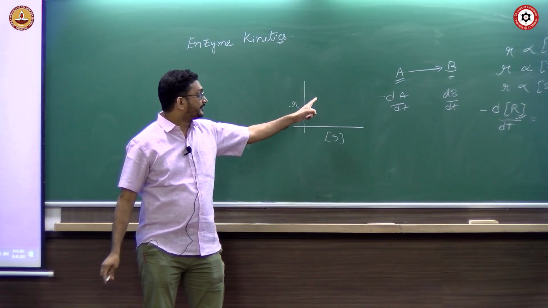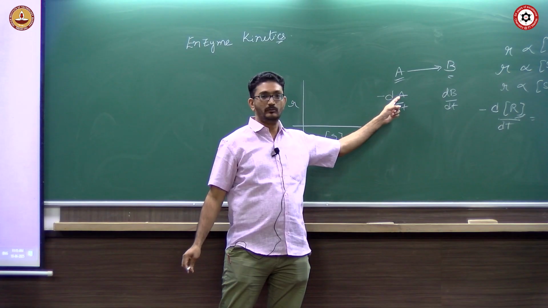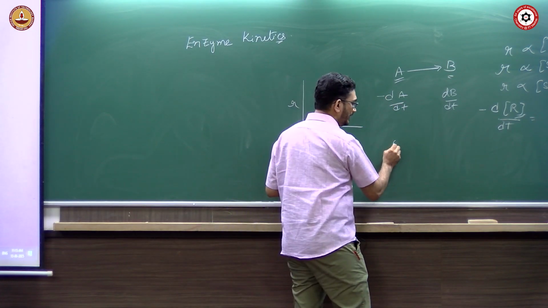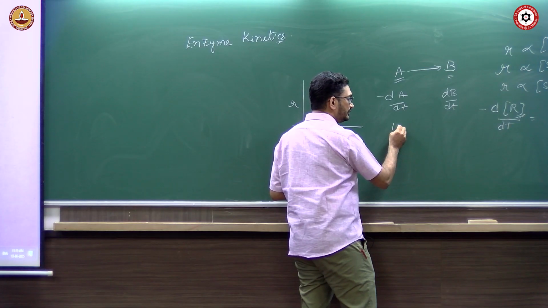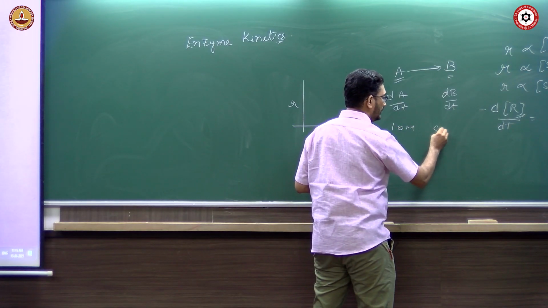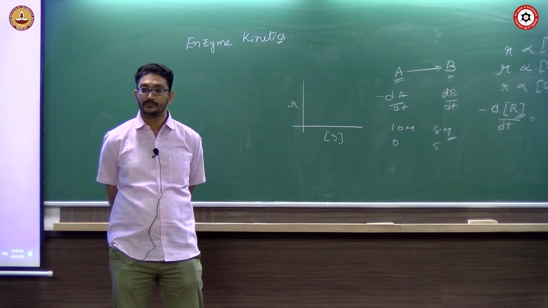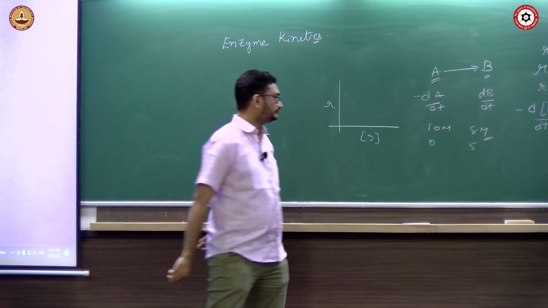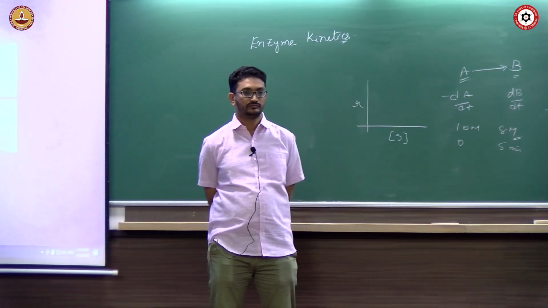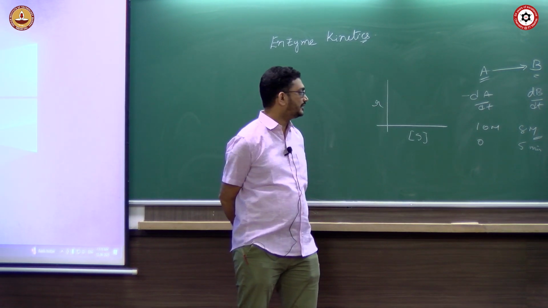Suppose now, rate means what? Change in concentration. Suppose to start with, at 0 minutes, I have 10 molar, and after 5 minutes I have only 8 molar. What is the rate of the reaction?